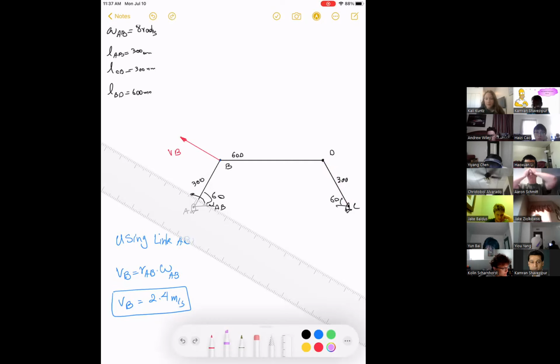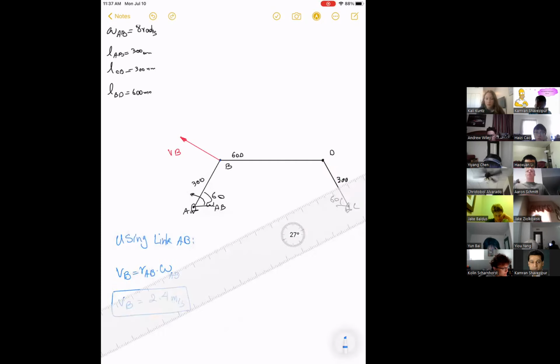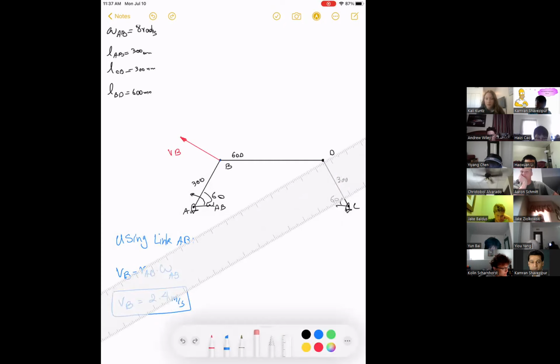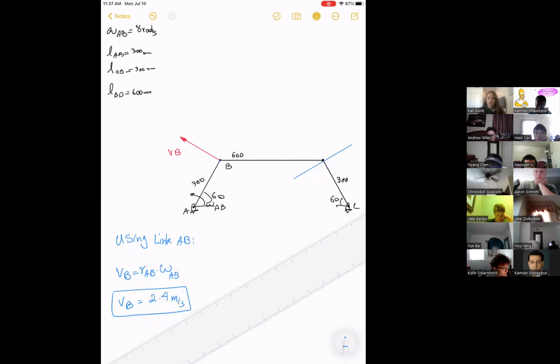No. But because it's rotational, I know that velocity of D is going to be perpendicular to link CD. So velocity of D is going to be something like this in this direction, right? You may realize that if this goes this way, this is going to go that way, and VD should be going down, but still it doesn't matter, right? We just need the direction.